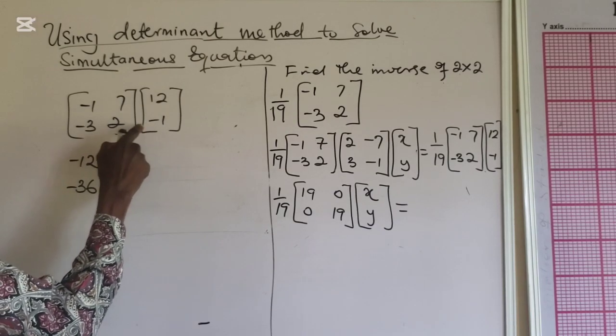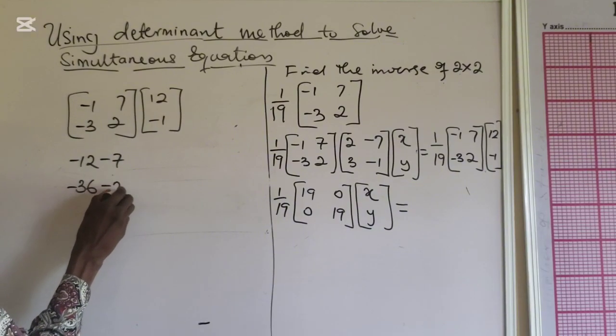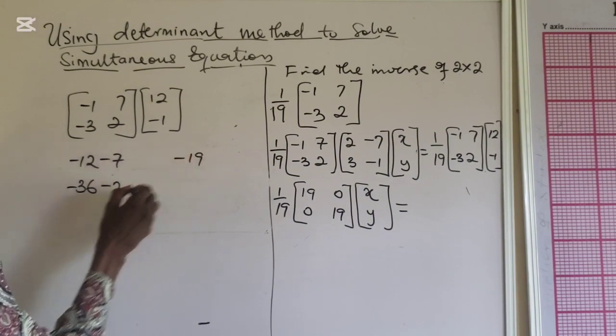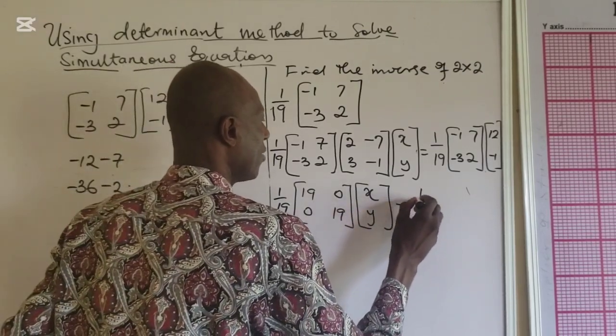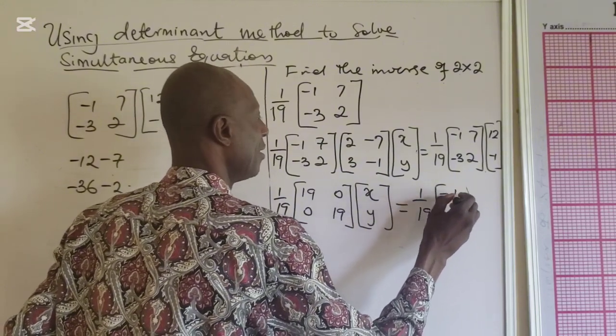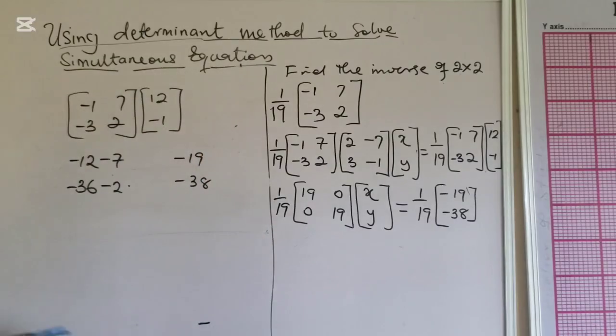Then 2 times minus 1 gives us minus 2. So here will give us minus 19, and here will give us minus 38. So we write 1 over 19 into minus 19, and here is minus 38.